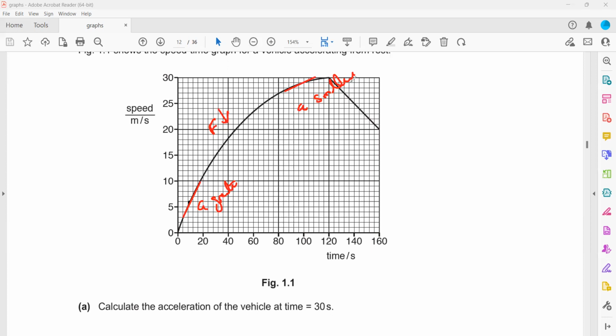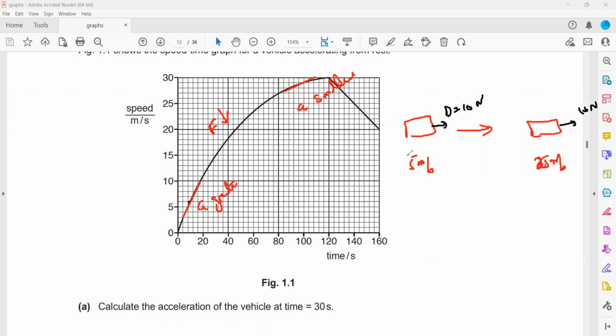This is a speed-time graph for a vehicle. In the beginning it had a greater acceleration, but as the speed increases, the acceleration is smaller. What is the reason for that? For example, if the driving force is 10 Newton, when it is moving at a speed of 5 meters per second, the resistive force will be smaller as compared to when it is moving at 25 meters per second.